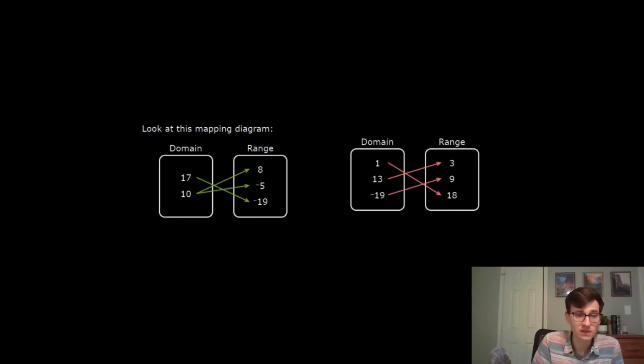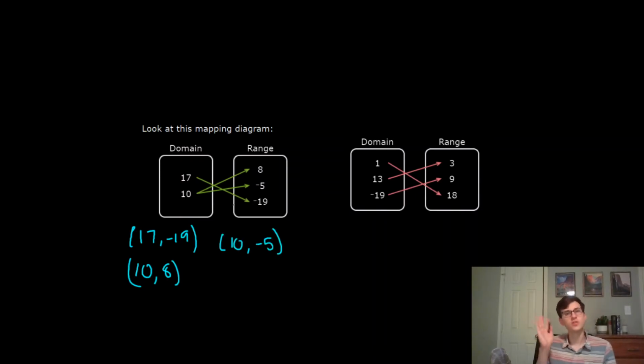So we could write this as ordered pairs as well, right? 17 goes to negative 19. 10 goes to 8. 10 also goes to negative 5. So that right there should tell you all you need to know. I had this value in the domain mapped to two different values in the range. One input, two outputs. This is not a function.